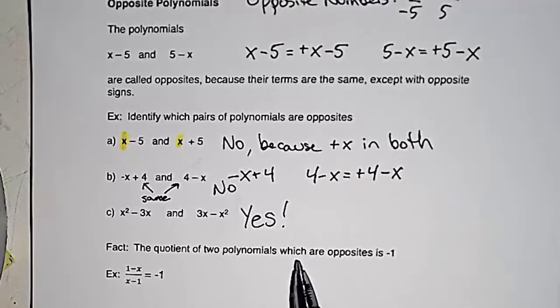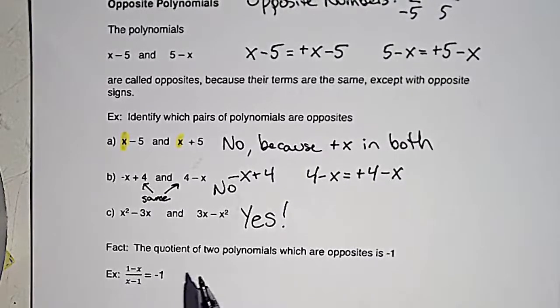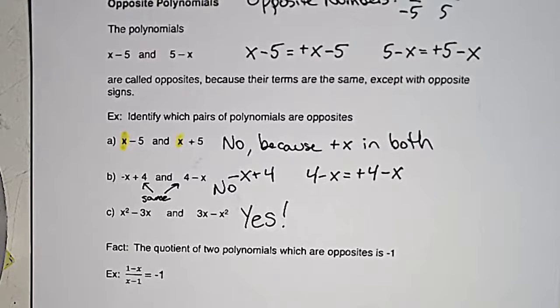If we have opposite polynomials in a fraction together, so 1 minus x over x minus 1, those are opposite polynomials. If we change the order completely like that, we can cancel them and end up with a -1, which makes things a lot easier. Woohoo!